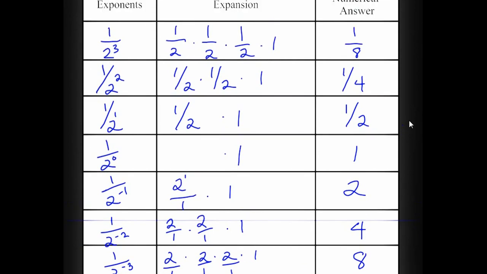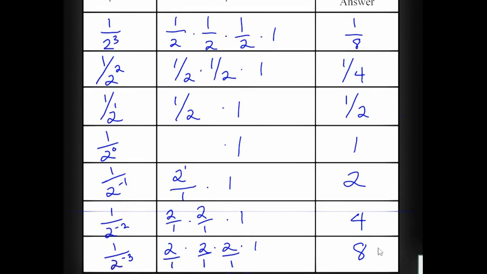Now, the cool thing about this is I start with a fraction and then it ends up being a whole number at the end because of the negative exponents. Notice here that this is the base and this is the exponent. 1, 2, 3 2's, 1 over 8. 2 2's is 4. 1 2 is half. And then as I make a negative exponent here, that's not good, so I have to flip it.